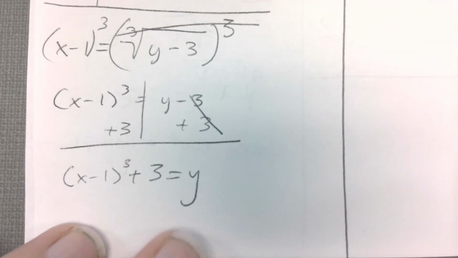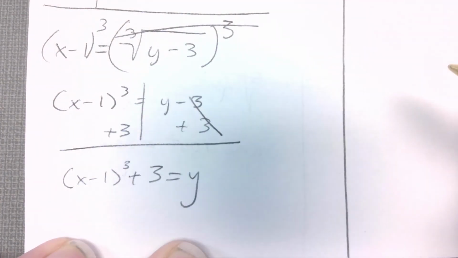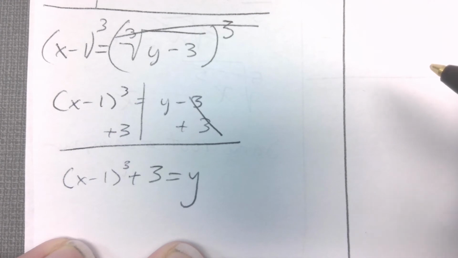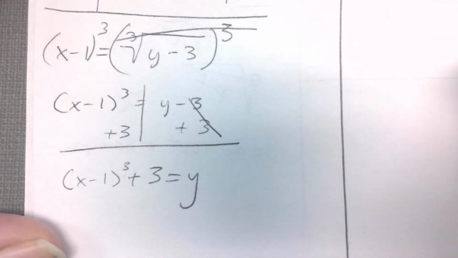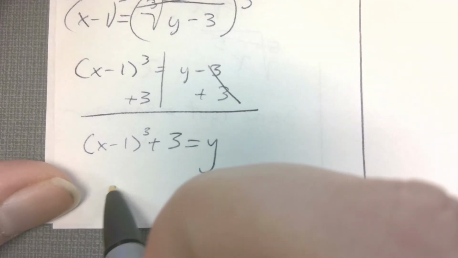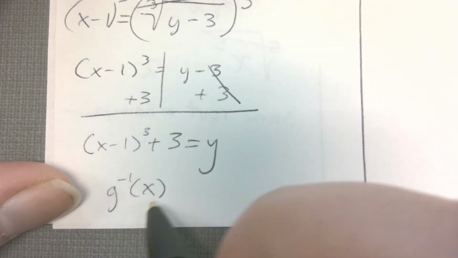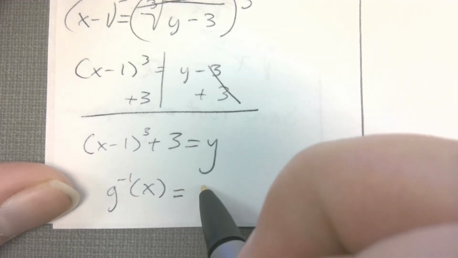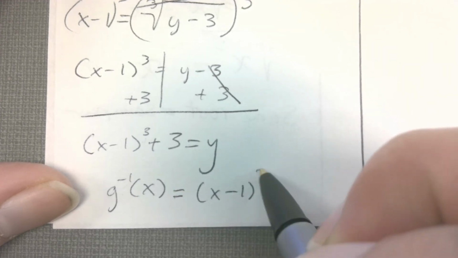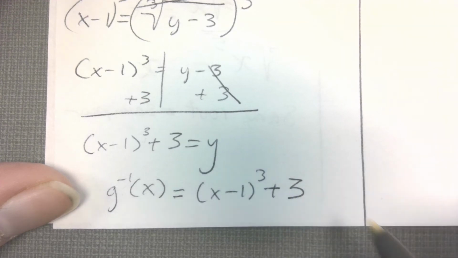Of course. Jacob, what's my last step? Yep. Inverse, G inverse of X. Then make sure you've got all the pieces.